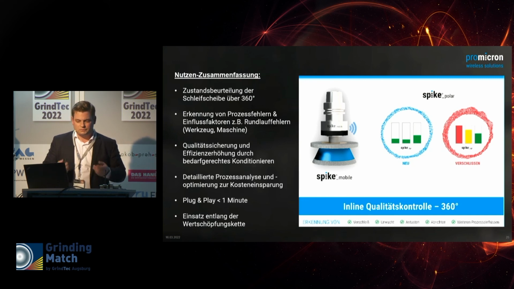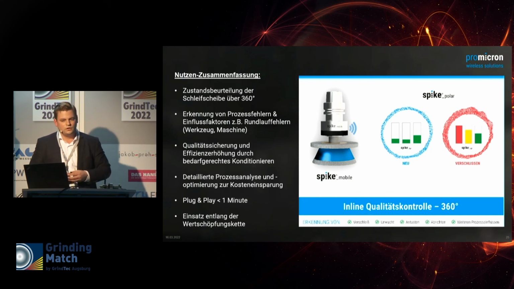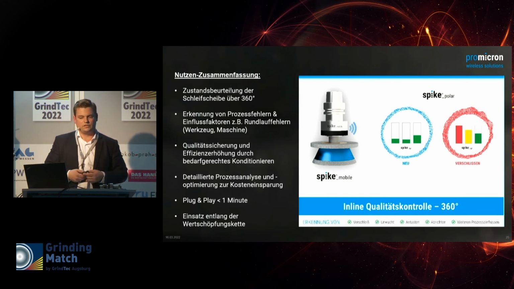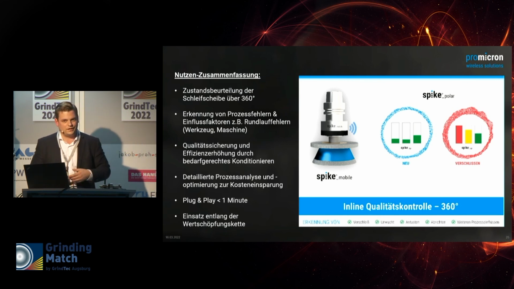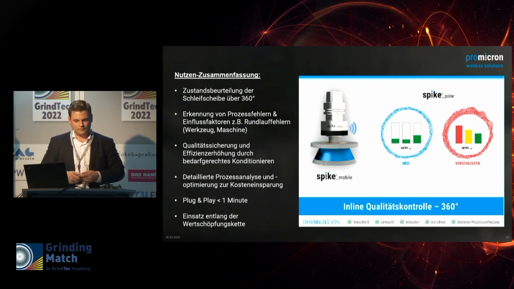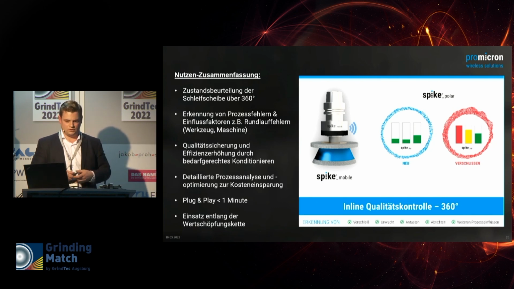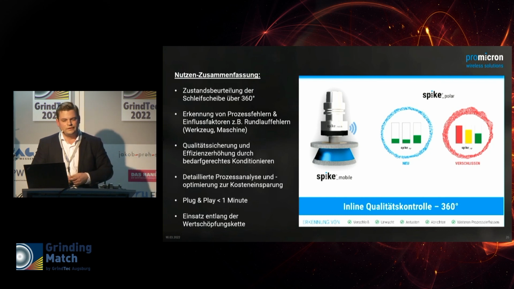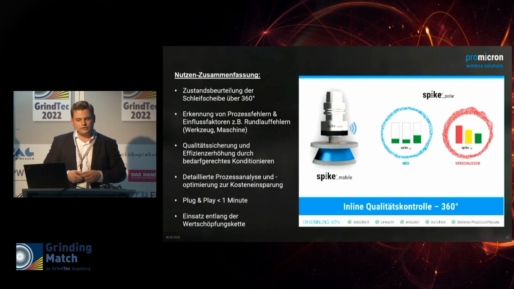Now, in brief terms, what do you want to reach with the spike? The 360-degree condition of the disk can be assessed. Process errors can be identified, for example imbalance, out-of-round running, or some undesired vibrations.